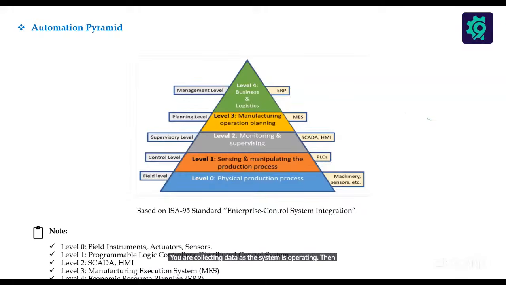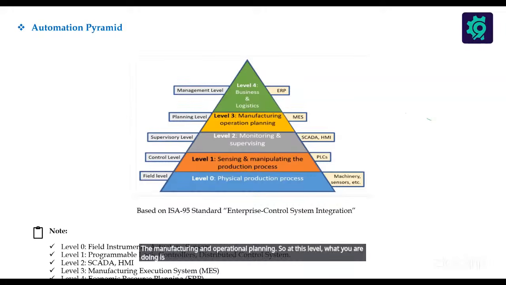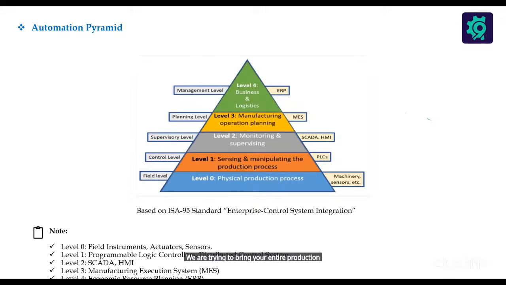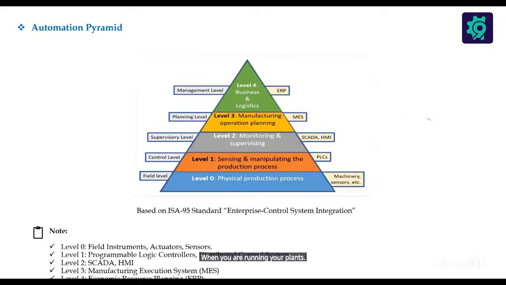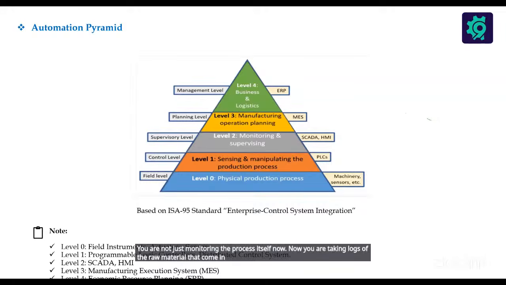Then level three, the manufacturing and operation planning. At this level, you are trying to bring your entire production process together. You can integrate an MES, a manufacturing execution system, such that when you are running your plants, you are not just monitoring the process itself. Now you are taking logs of the raw material that comes in and the output that goes out.